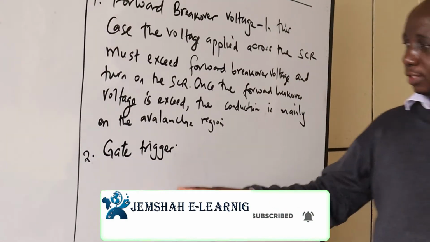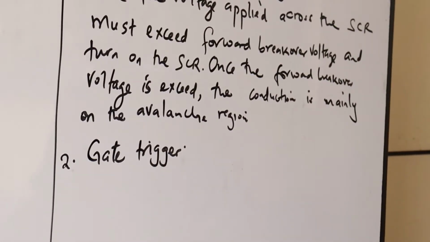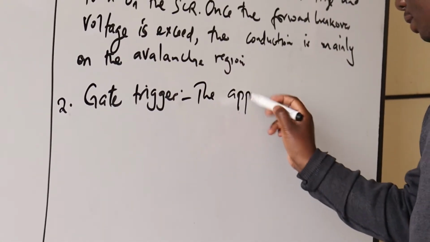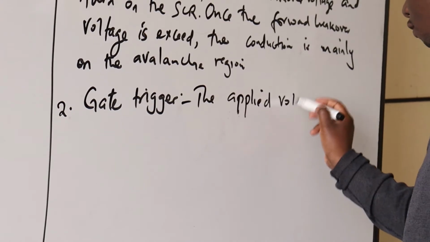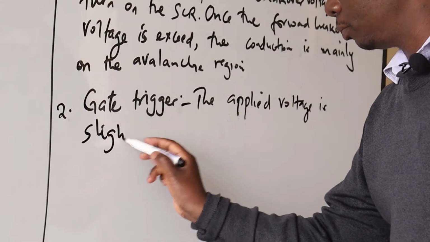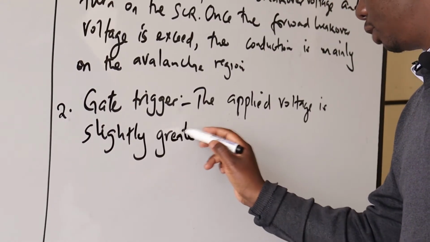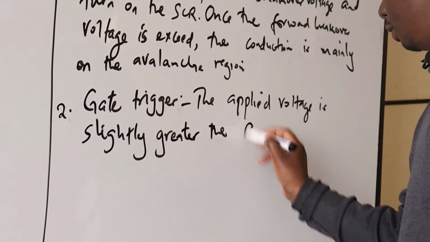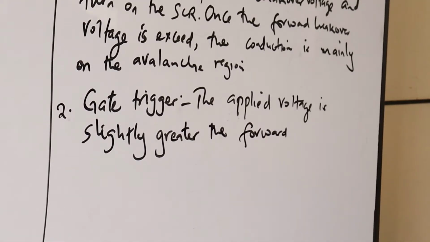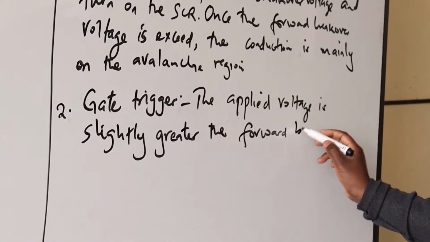What happens in this case is that the applied voltage must be slightly greater than the rated forward breakover voltage.